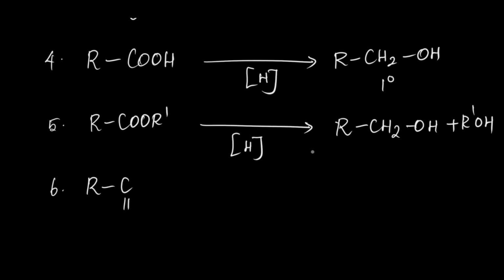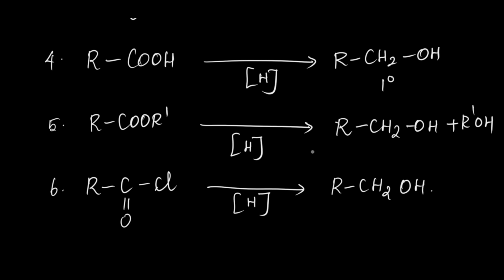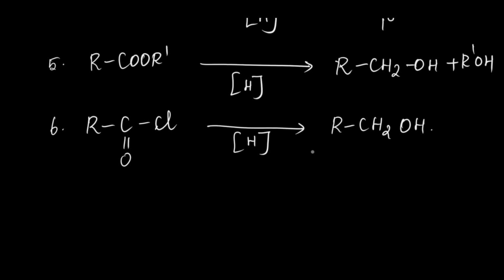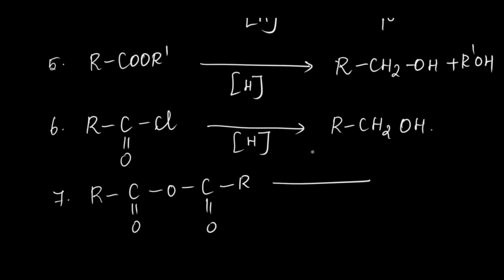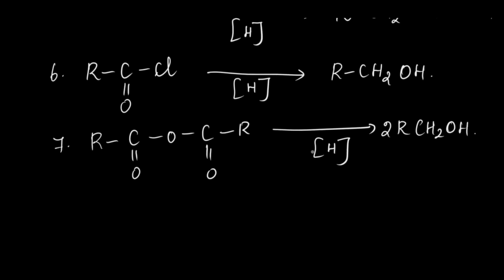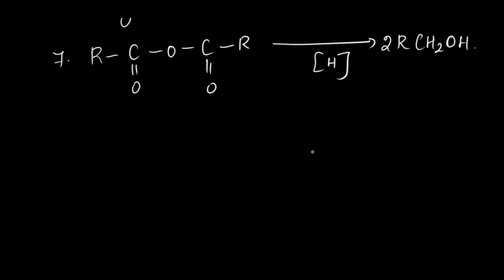Acid chloride, RCOCl, upon reduction is again giving you CH2OH. What about anhydrides? Acid anhydrides are C double bond O, O, C double bond O, R. Upon reduction, it will give you 2 moles of RCH2OH.